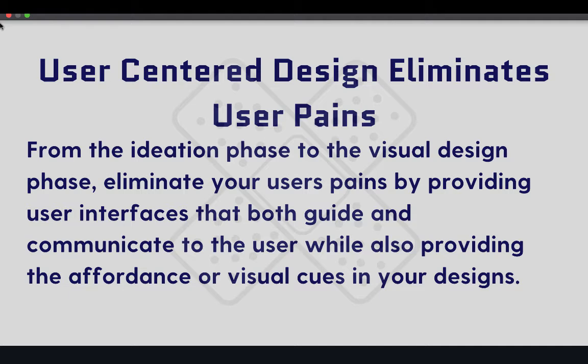And when it comes to user interface design, you're going to use things like affordance or visual cues in the design of your user interface to signal or communicate to the user, hey, interact with this UI element, and that'll advance you to the next screen in the app flow.